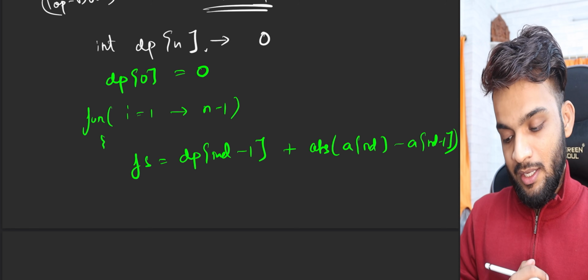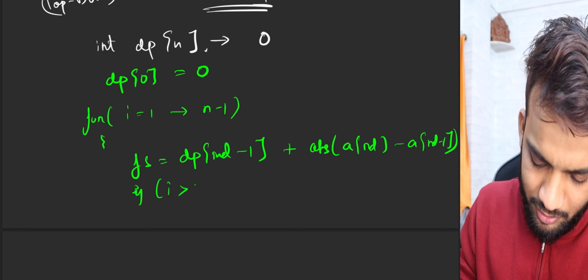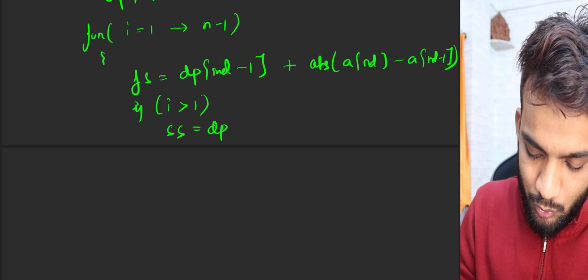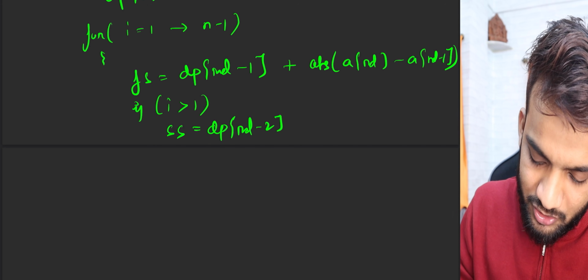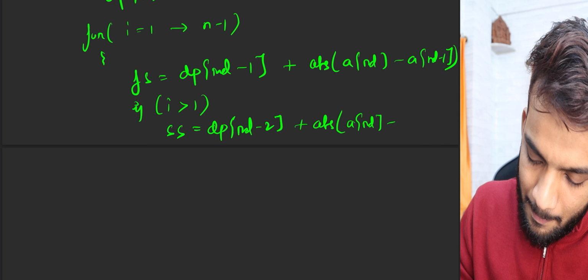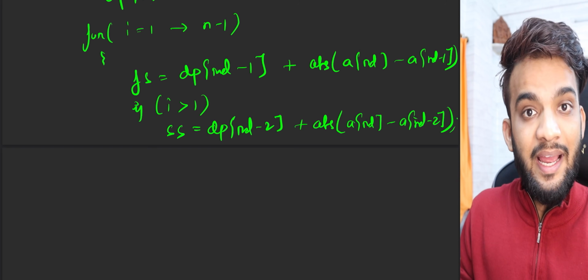Simple. Second step will only be implemented if i is greater than 1. Remember, super simple. So dp of index -2 plus absolute of a of index minus a of index -2. As simple as it gets. And what do you store?